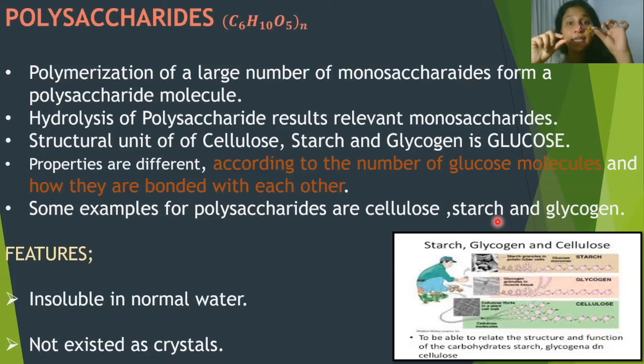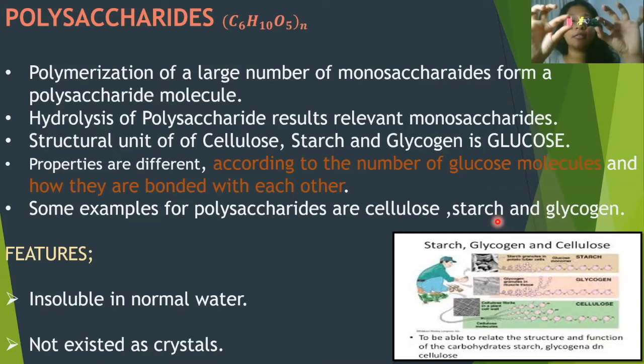Now you know what this is. This is a disaccharide, right? And again, another monosaccharide structure comes and bonds with this, and another monosaccharide structure comes here and bonds with this, and now it's a polymer, right?